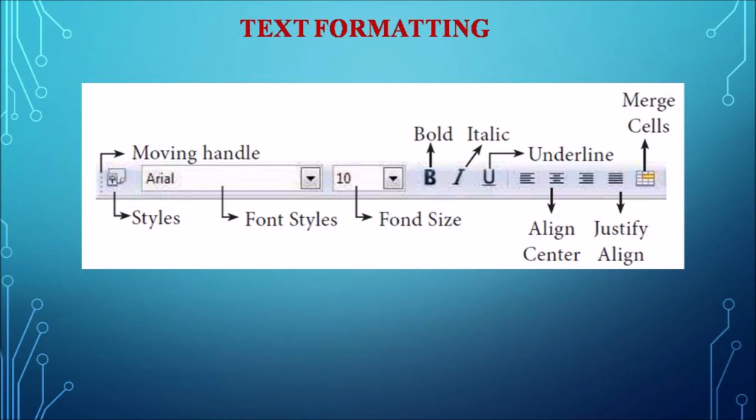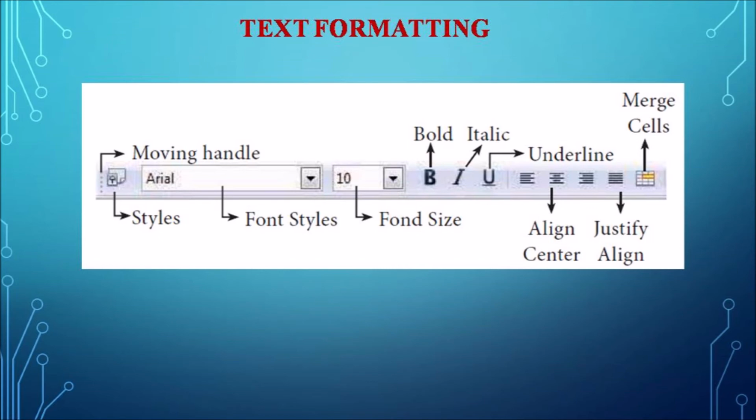Now we are going to see about formatting the worksheet. Formatting data in a cell, that is in an active cell, gives additional effect to the text. That is the main reason we format the worksheet. Additional effects may be changing the font style, font size, and automatic wrapping.